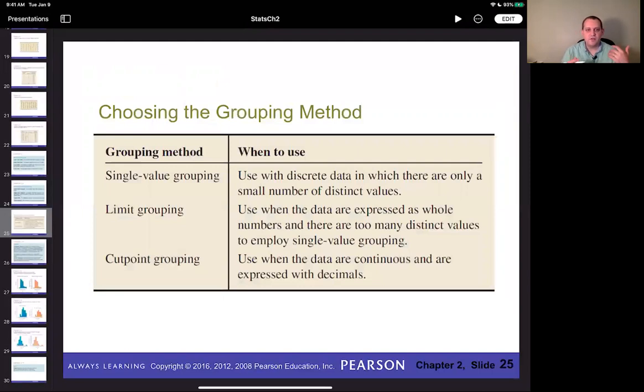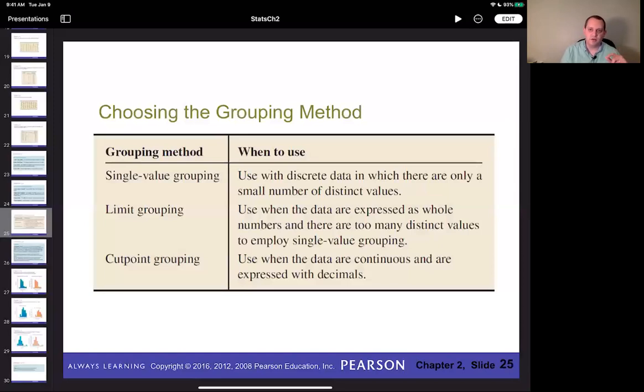But if you have something with a lot more variability, say you want to look at each person's weight down to 1/10 of a pound, you're going to have a lot of values that are achieved by themselves. Maybe there's only one person that's 180.3 pounds, but there are a lot in the 180 group.